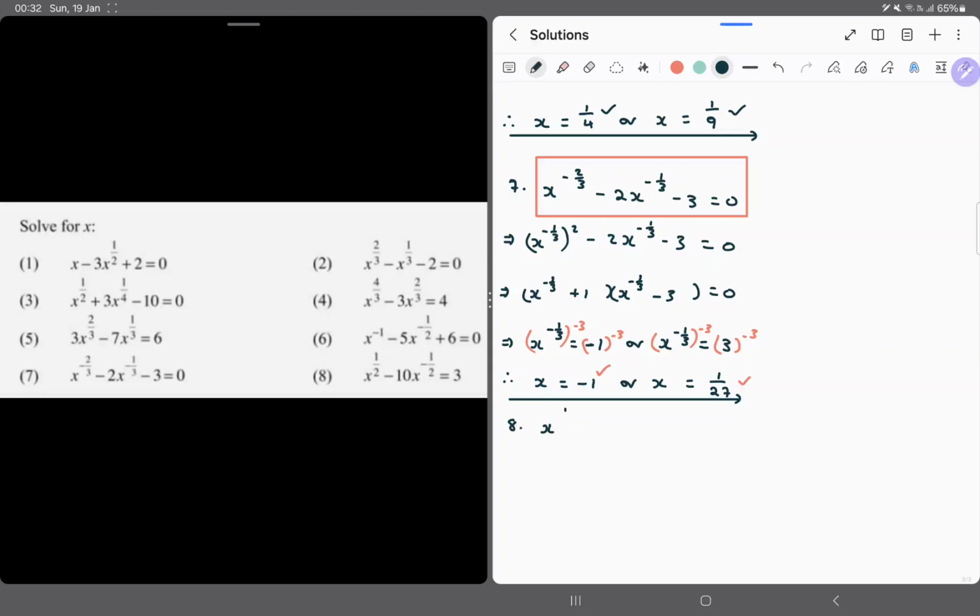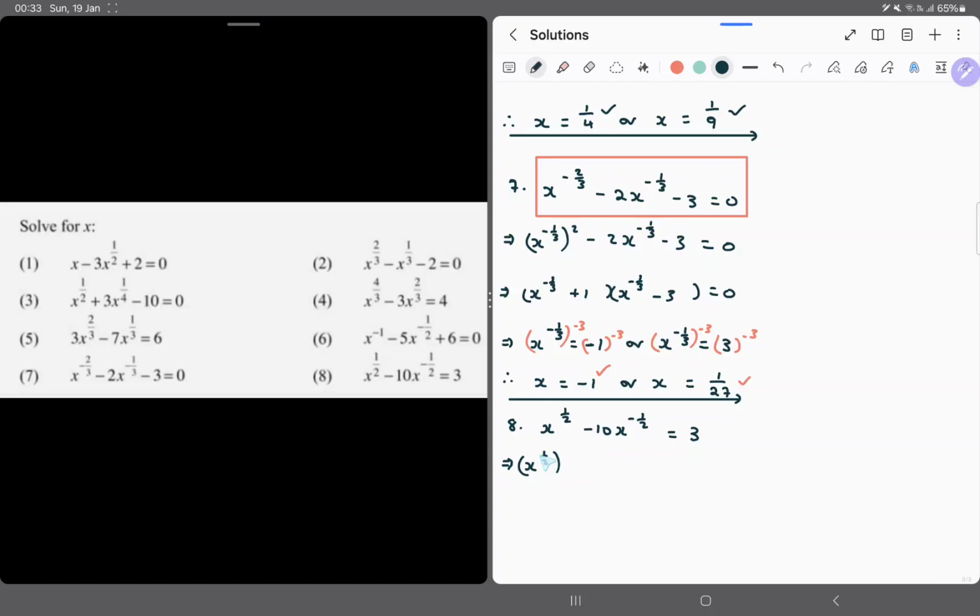Number 8, we've got x to a half minus 10x to minus a half equals 3. So this one is a bit challenging. Can we write in standard form? This is x. Now remember, we want this to show up there. It's going to be minus a half times.